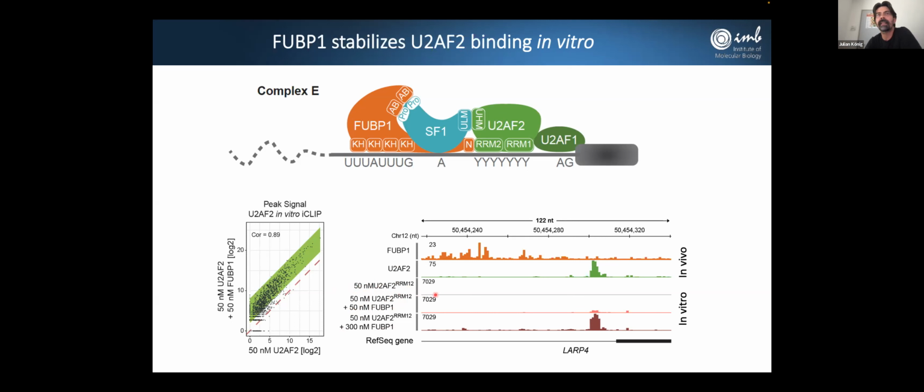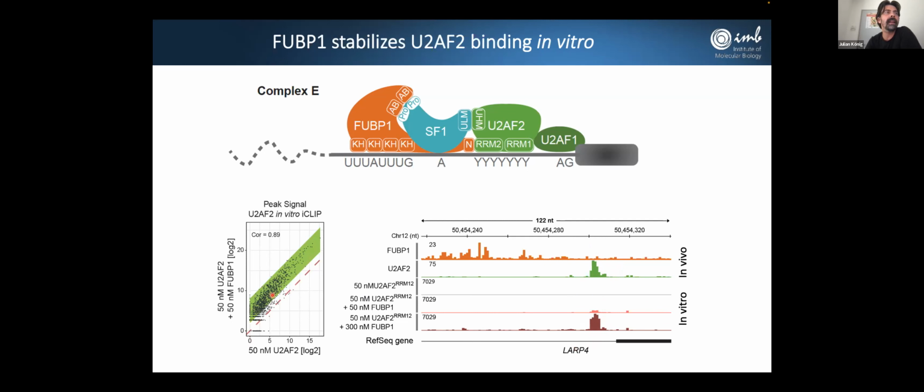This is an example screenshot of one of these individual RNAs, and you can see that U2AF2 alone shows very little binding, but when we add FUBP1, we see binding, and if we add more FUBP1, we see stronger binding. This binding in this example also fits nicely to where we observe U2AF2 binding in our in vivo iCLIP experiments. And this is not an individual example.